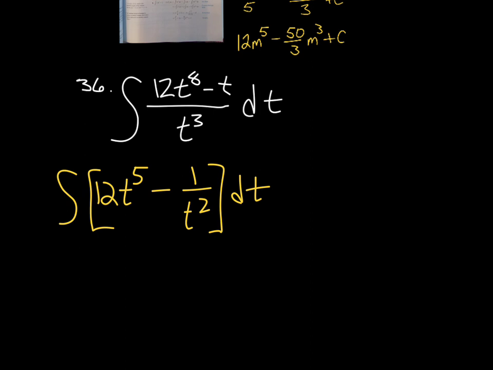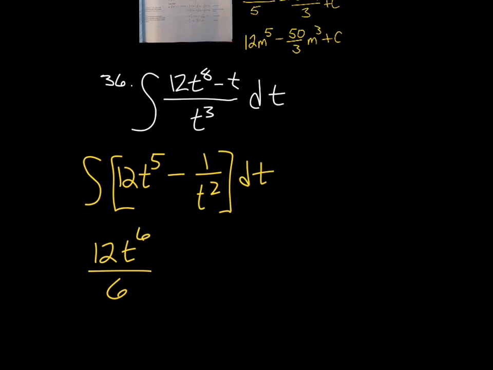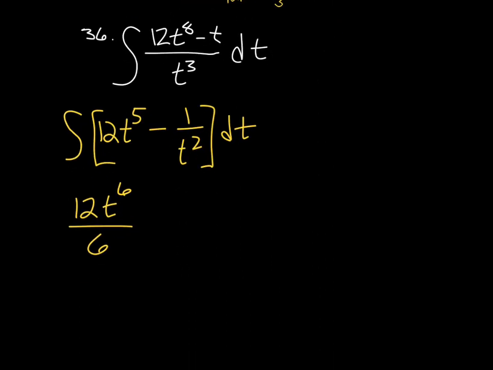And so again, here we go. This is how I would think about it. So we're going to leave the 12 alone for a second. We're going to increase our exponent by 1 and then divide by what we just increased to. So again, it's easier to deal with this as a negative t to the negative second. Okay?